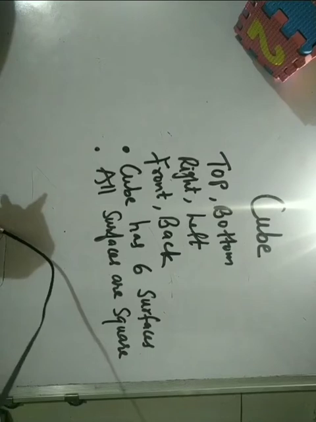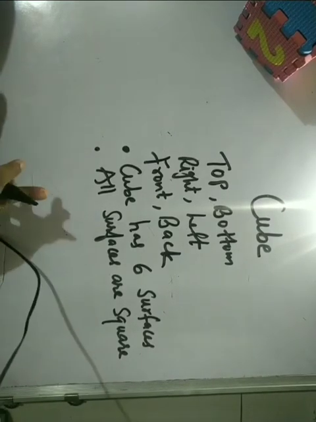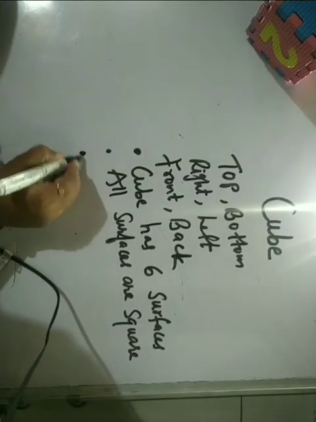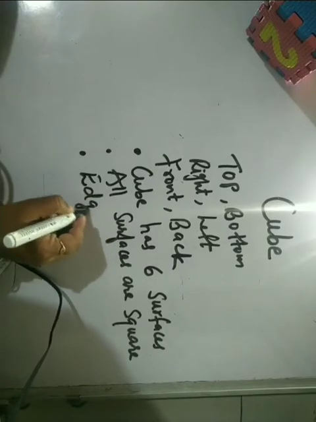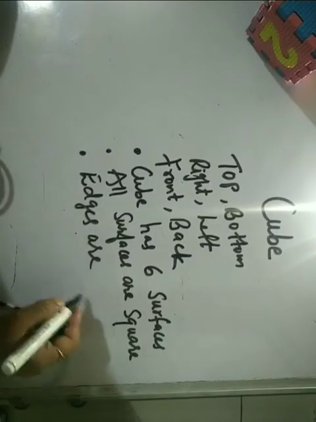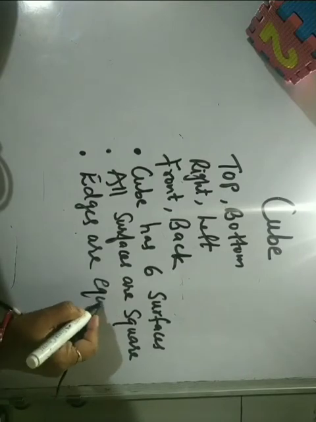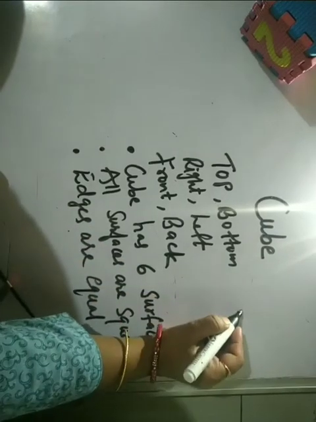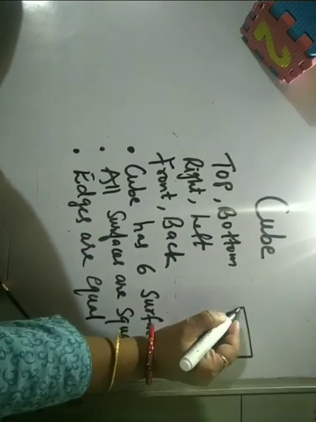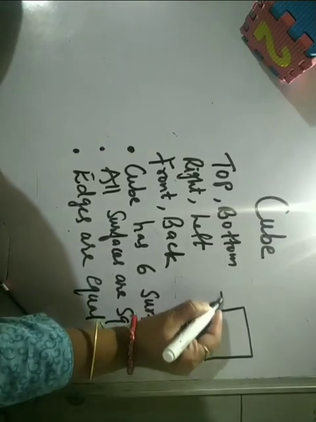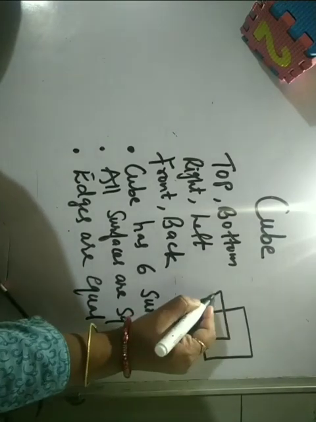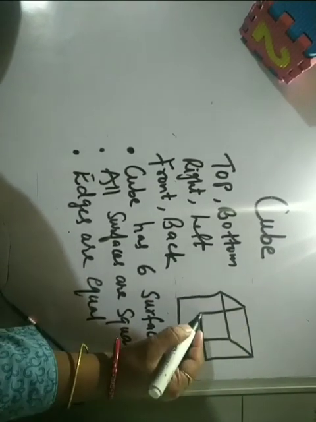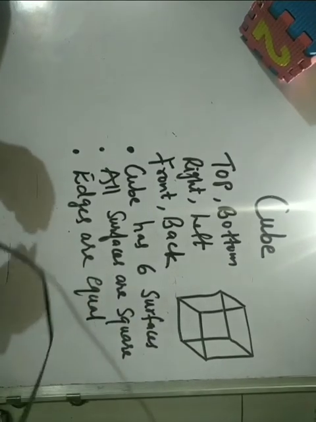It has 6 surfaces, all 6 surfaces are square in shape, and all the sides, all the edges of the cube are equal because they are square in shape. All edges are equal. Okay, if I make the diagram of cube, it would look like this: square, another square, and then I'll join this and this.